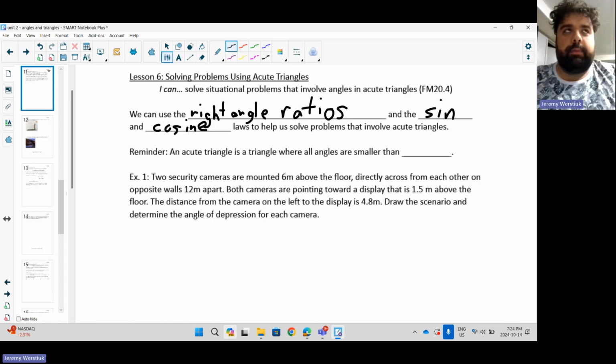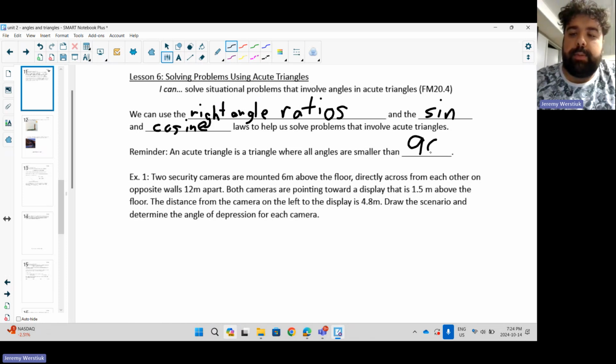So we kind of have sine, cos, tan, sine law, cosine law. We've got 5 different tools here at our disposal, as well as Pythagorean theorem. So really we have 6 tools at our disposal that will help us here. Remember, these last 3 lessons, we've been dealing with acute triangles. Remember, all of these angles need to be smaller than 90 degrees.